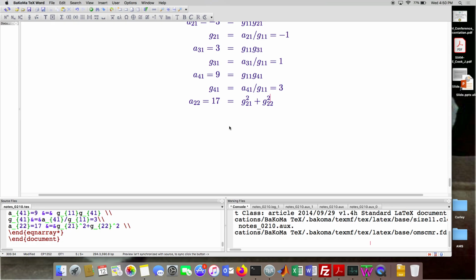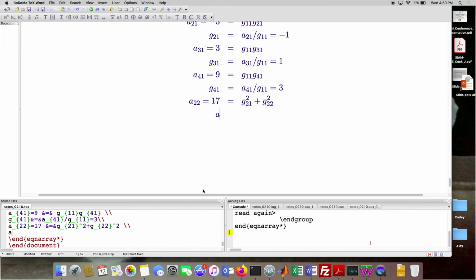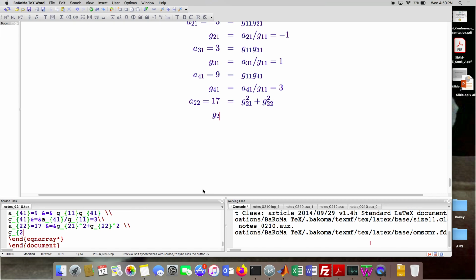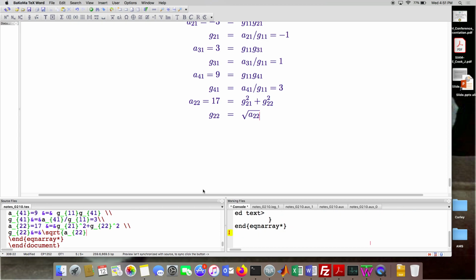So with G11, we just took a square root of A11. Now G21 is known, so we have to subtract that off. So what we get is G22 is equal to the square root of A22. And now, unlike the first entry, we've got to subtract this off.